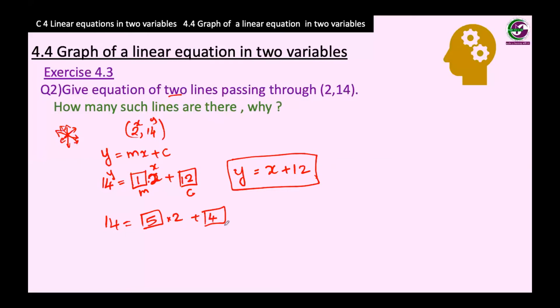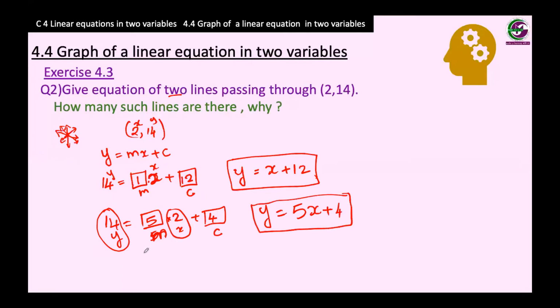Yes, 4. So we get c is 4 and m is 5. We have to use x and y in the equation, because in the equation we need to have the variable. So y is equal to, m is replaced by 5, x stays as it is, plus c is replaced by the number 4. This is another equation.